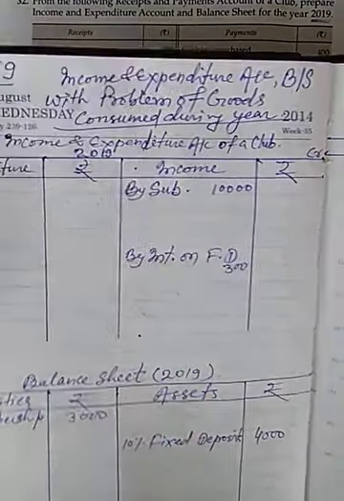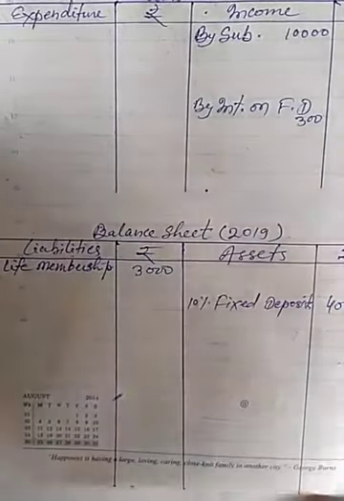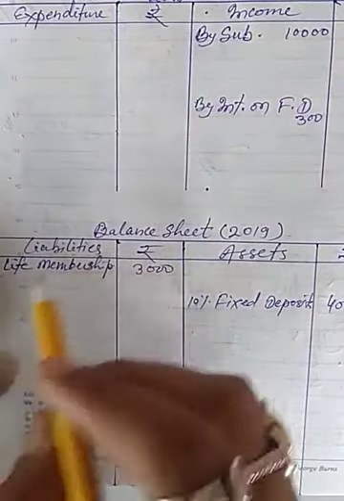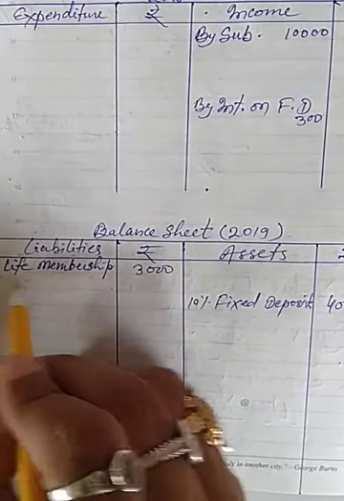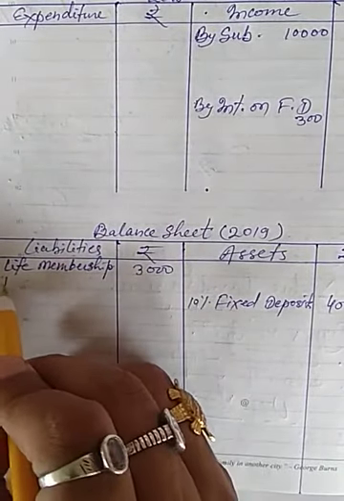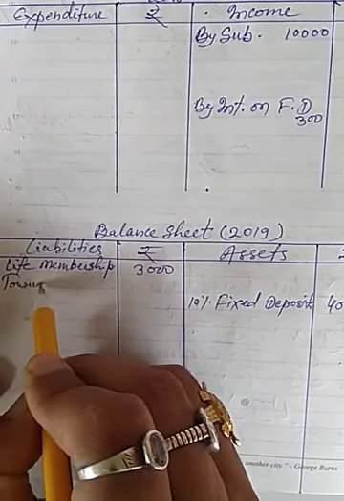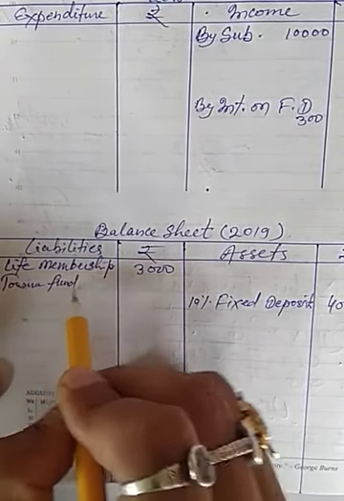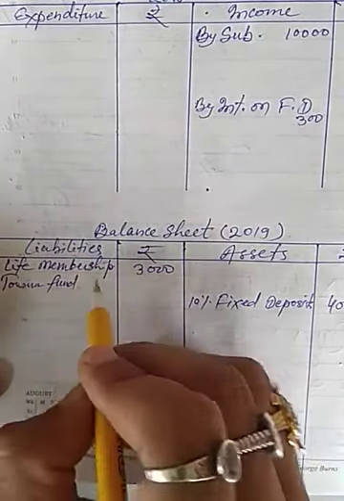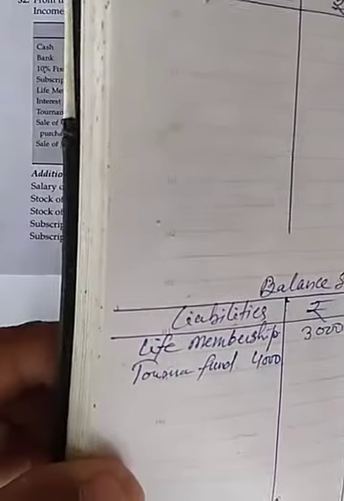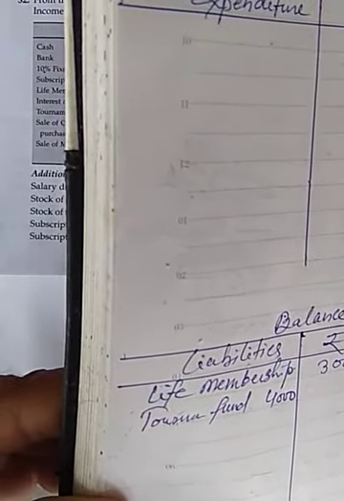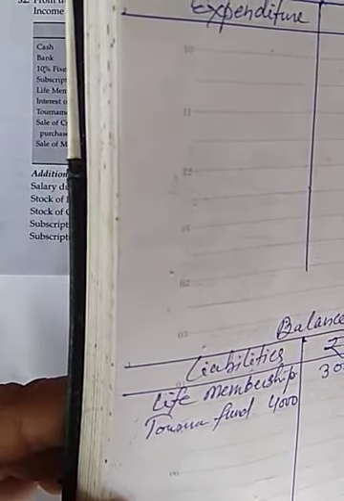Now tournament fund is given. Tournament fund will be our liability, so it will be shown in liability side. Tournament fund amount is given 4,000. Now sale of crockery out of purchase is given.